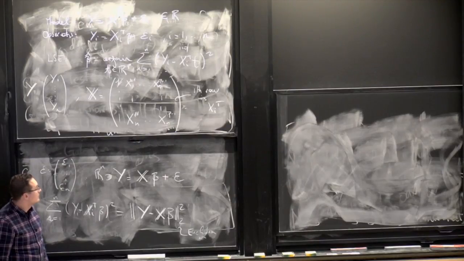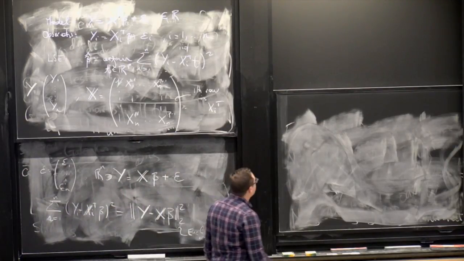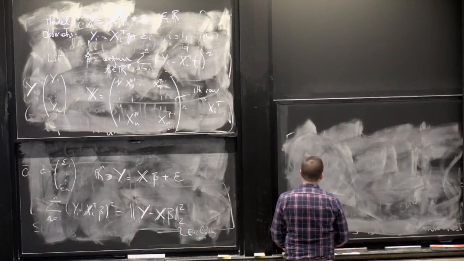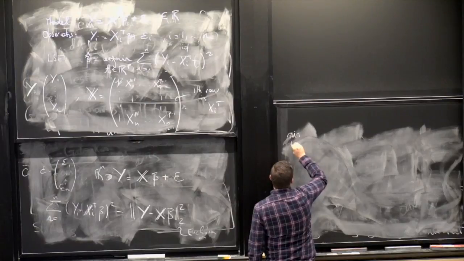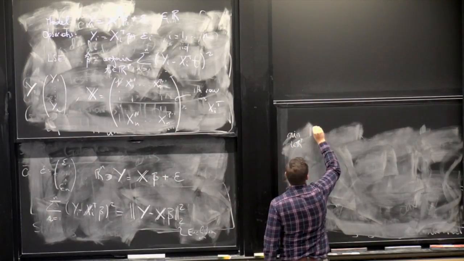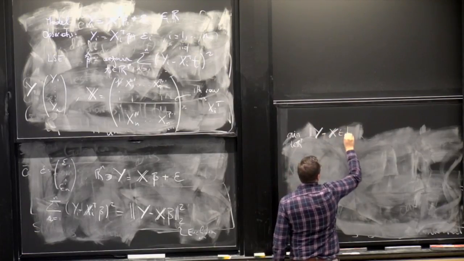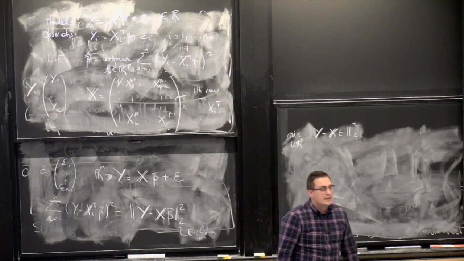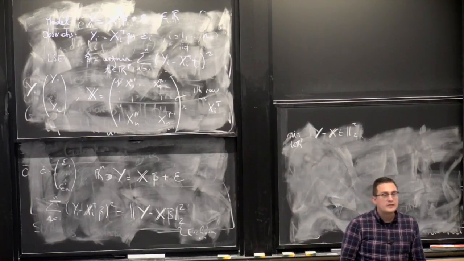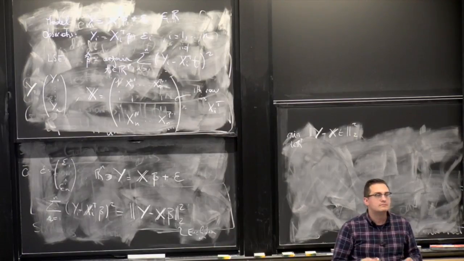So now that I write this thing like that, my goal is going to be to solve the minimum over t in Rp of the norm of y minus x times t, squared. And just like we did for one dimension, we can actually write optimality conditions for this.